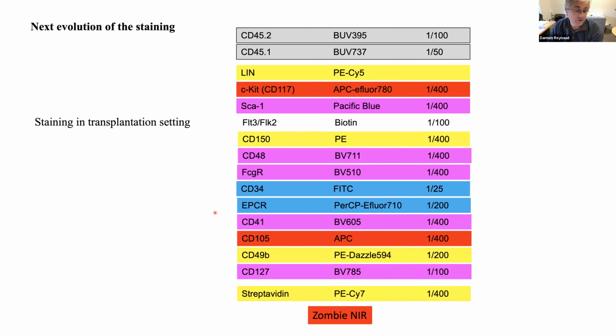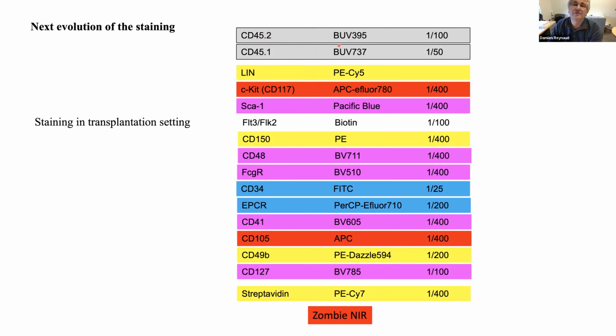I'm going to finish now with a couple of slides about what is next for this staining. As indicated, all these 14 colors were on 4 lasers. So we have a UV laser which is completely open, which can be used, for example, to add some markers like CD45.1 and CD45.2 to use upon transplantation.